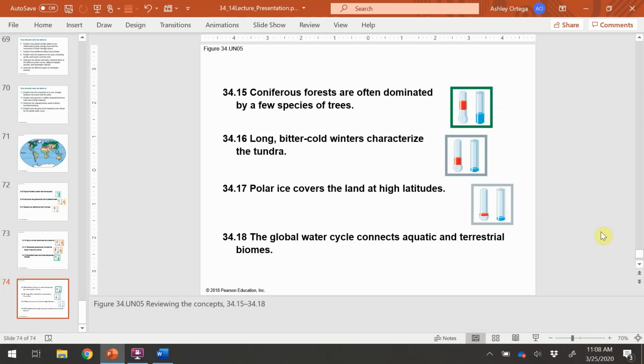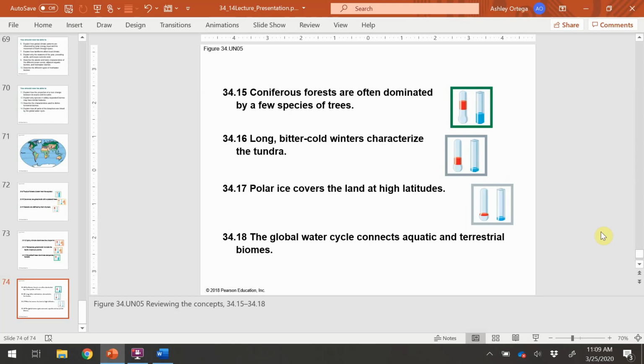Have cold regions, adapted for snow. Tundra, the long, bitter cold winters, that permafrost, frozen subsoil ice. Polar ice, which is what we would expect when we see tundra probably, but polar ice will have snow and ice covering land at very high latitudes. So the North and South Pole.